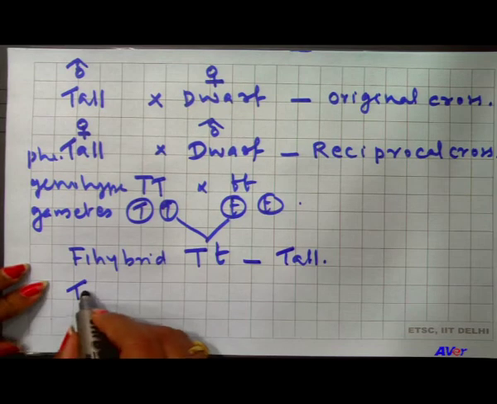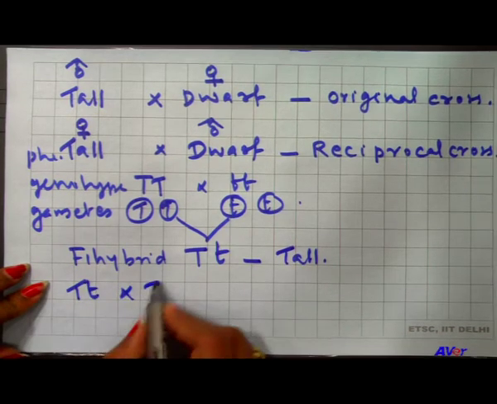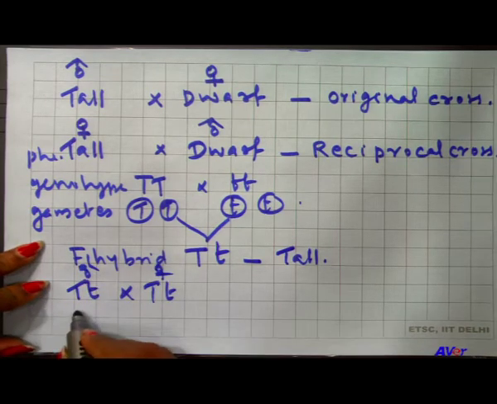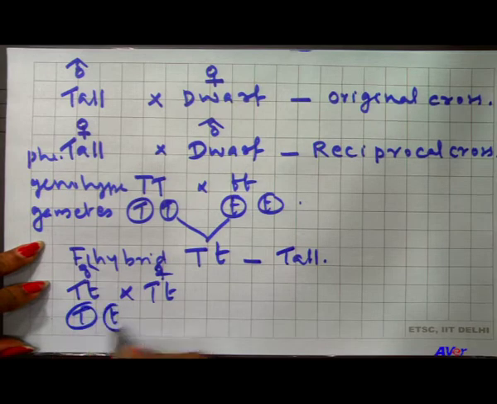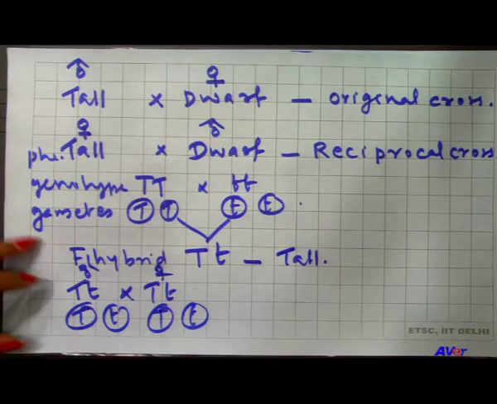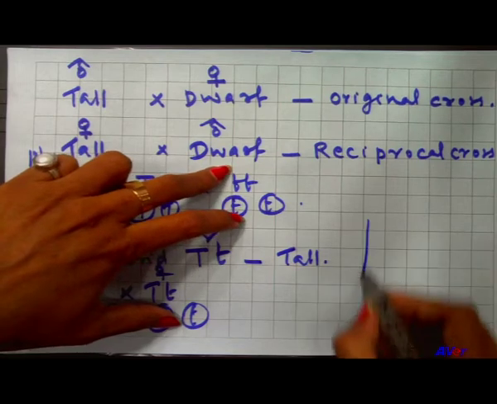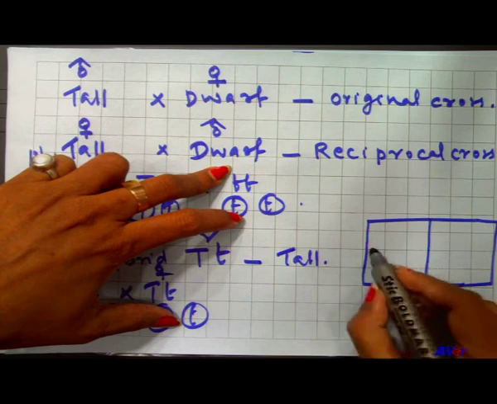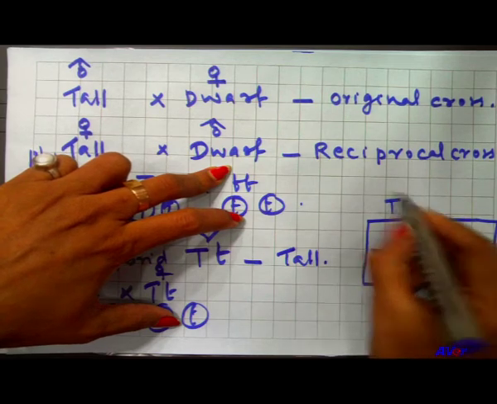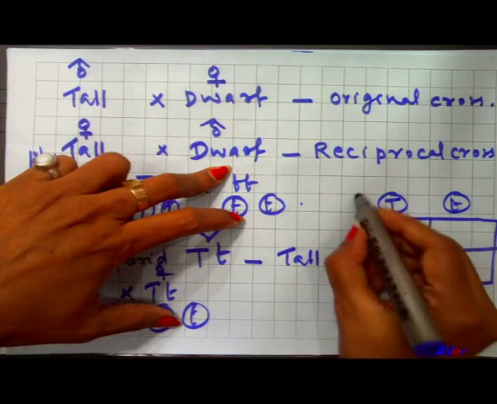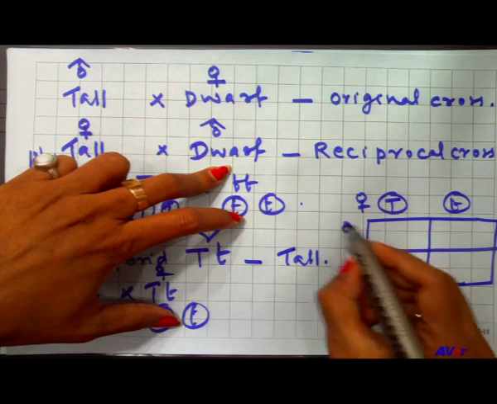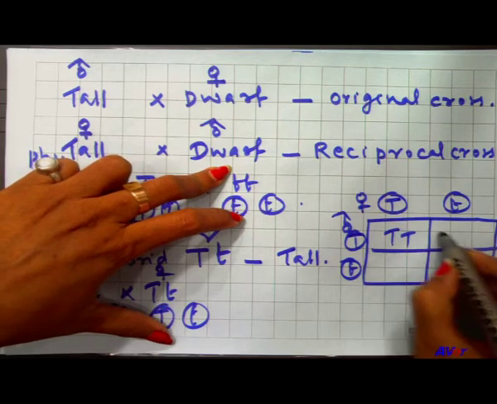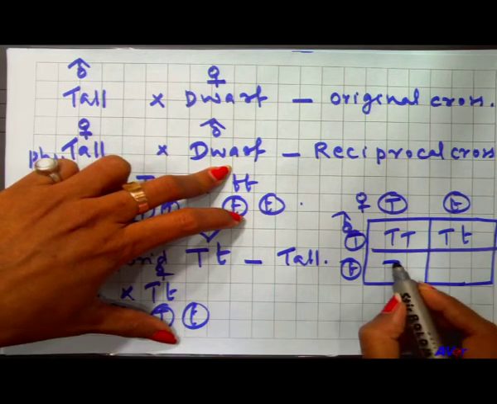When we again do selfing of this plant to produce the F2 generation, see selfing of F1: capital T small t into capital T small t. Gametes: capital T, small t, capital T, small t. We can represent it in the form of a Punnett square. Like this you can see the result.